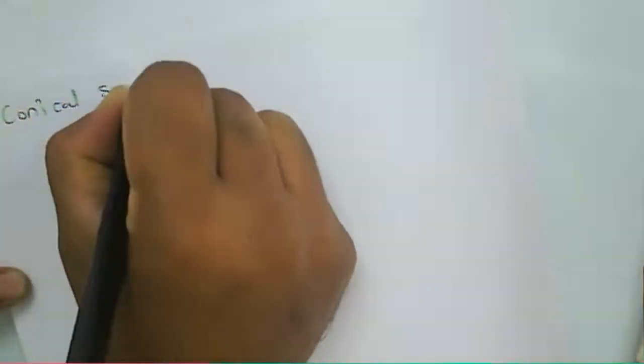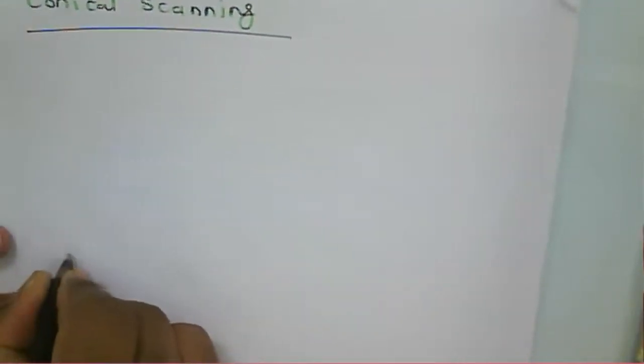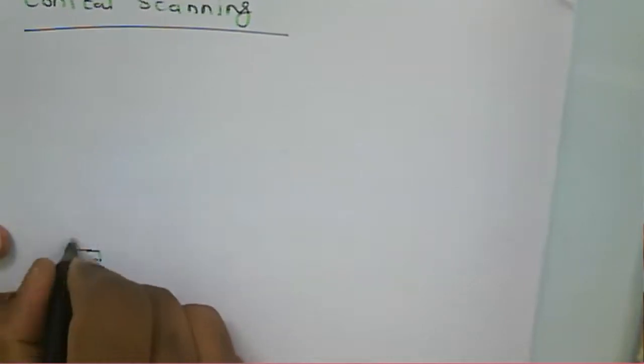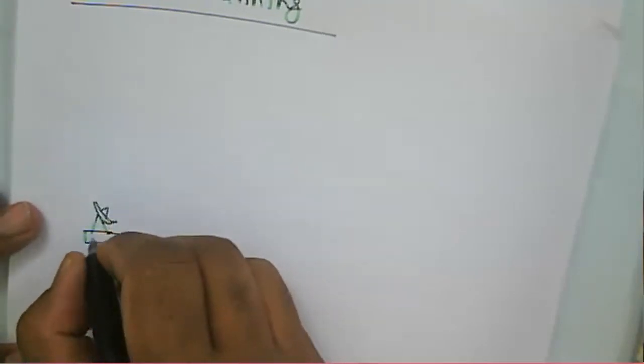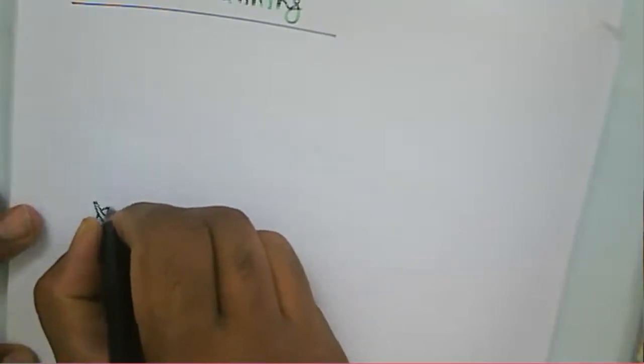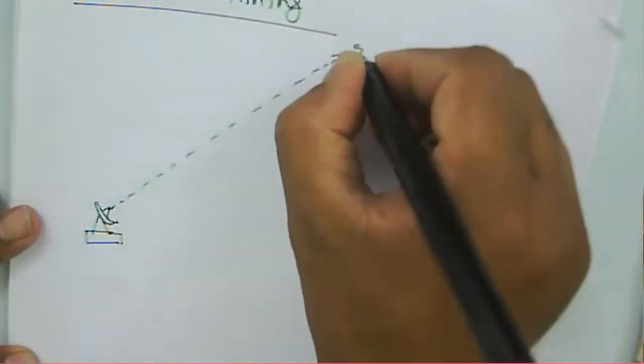Next we see conical scanning. So in the case of conical scanning, we are supposed to consider that a satellite is transmitting. This one is about the earth station. So we need to see what will be the satellite axis.